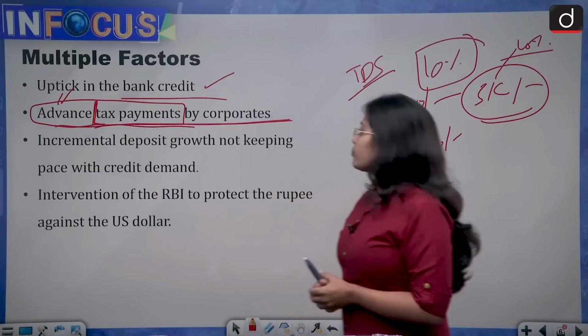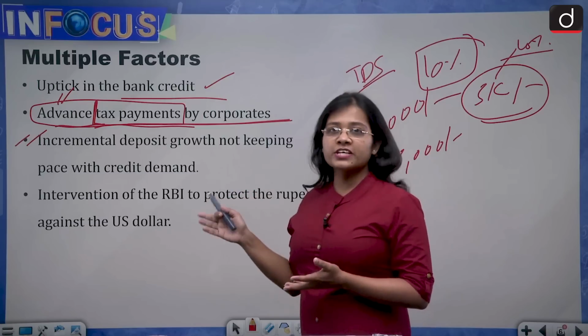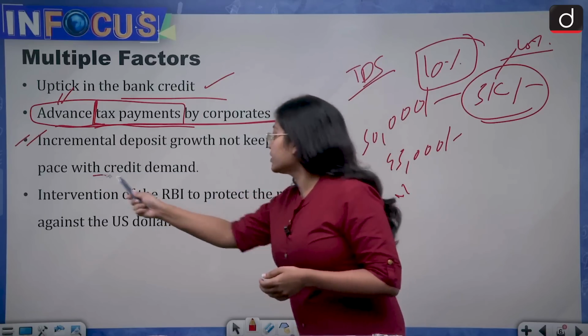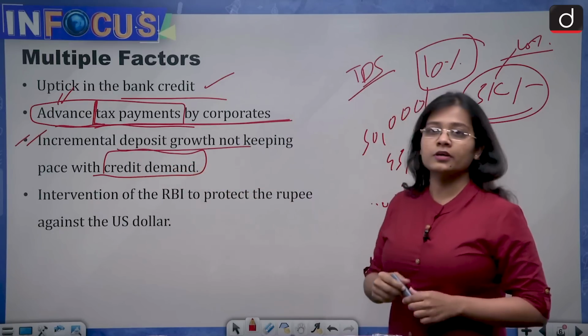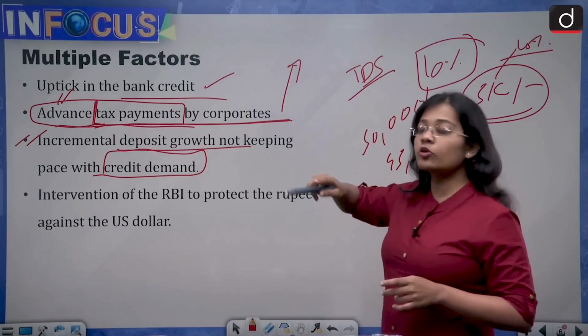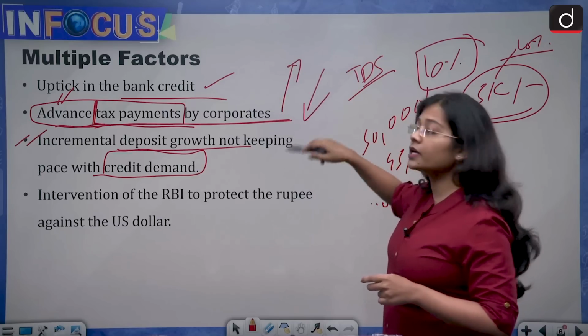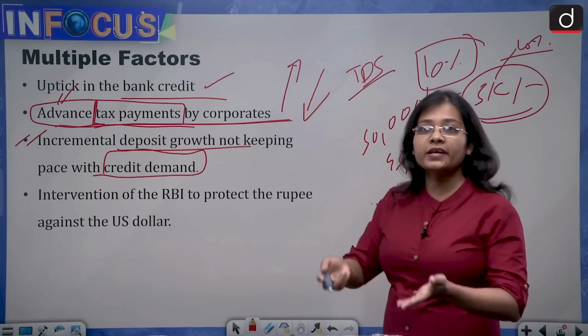Then the incremental deposit growth is not keeping pace with credit demand. This is one of the major reasons that credit demand is more than credit deposit. See, the money going out is more than the money coming in. It means the receipts are less than the expenditure.